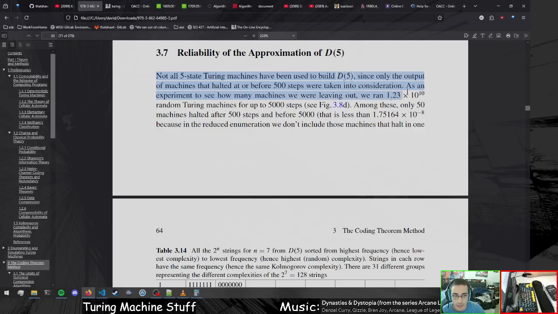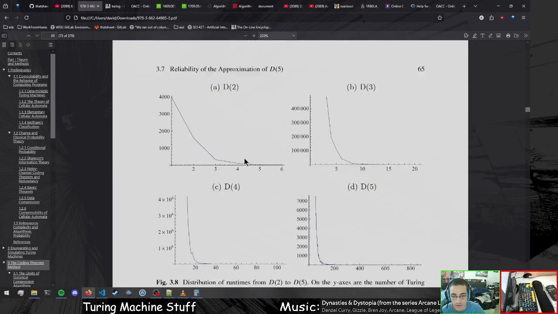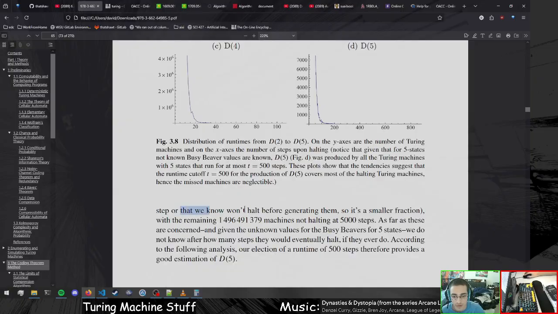Okay, so we ran this many random Turing machines up to 5,000 steps. Only 50 of them halted after 500. Wow, only 50. We don't include the ones that halt in one step, or that we know won't halt before generating them.